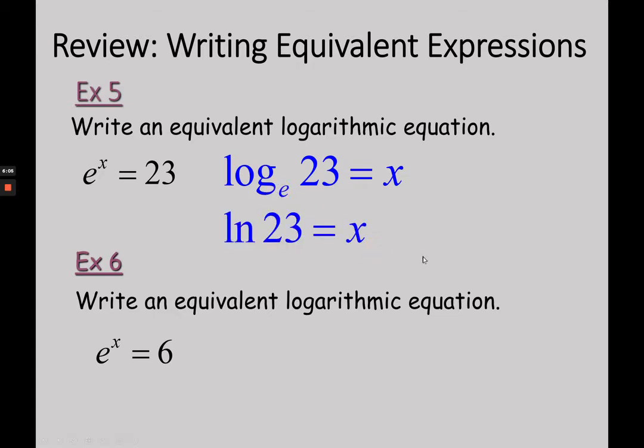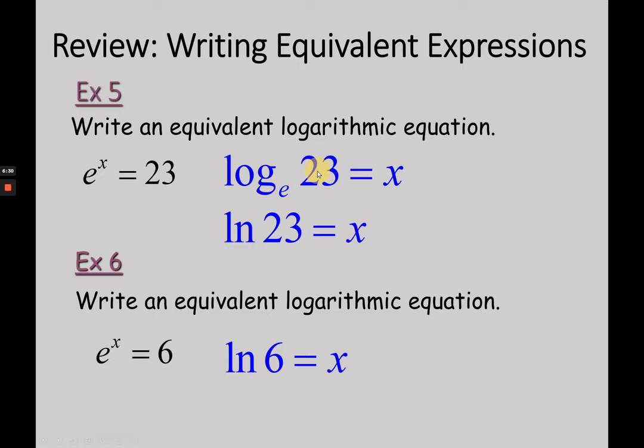So you have ln 23 is equal to x. If you want to find the value of x, remember you can use your Desmos calculator. Now, as a shortcut, we don't have to write the logarithm base e. This is right away ln 6 is equal to x. Otherwise, if you get lost, remember e becomes the base of the logarithm.